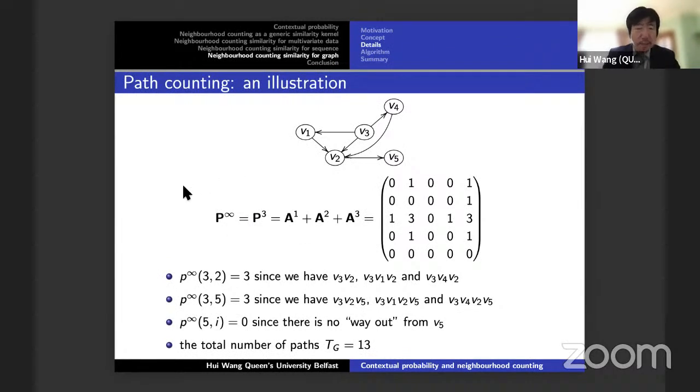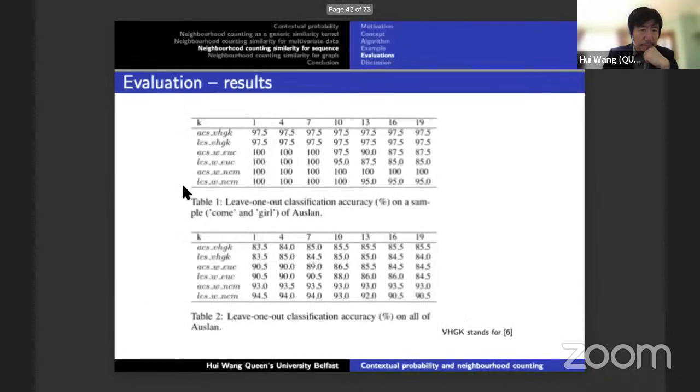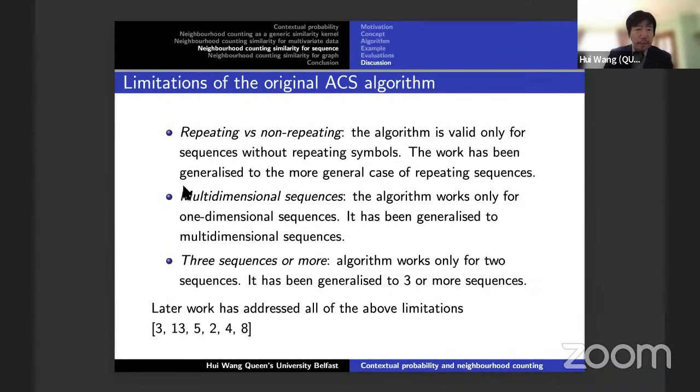The original ACS algorithm works on non-repeating sequences, but we have actually extended the algorithm to work on sequences containing repeating symbols. If that is the case, we can still calculate the ACS. There's no problem.